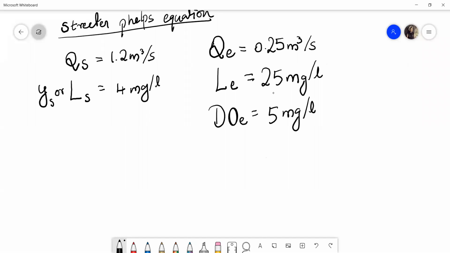I want all of you to write down these statements, whatever I'm writing. This is from the question. Next, the average velocity of the stream. We can take the velocity of the stream Vs equal to 0.18 meter per second. Velocity will be in meter per second.